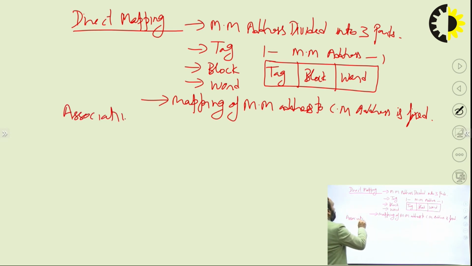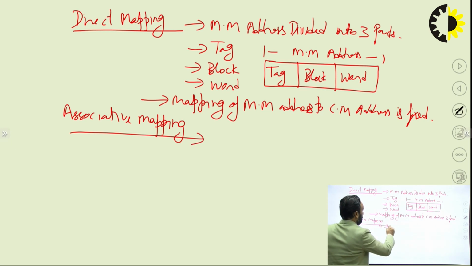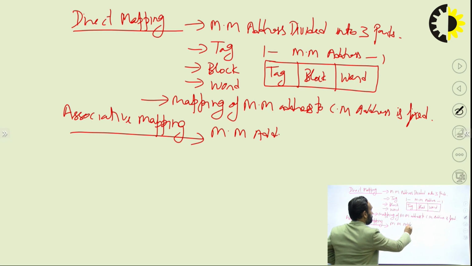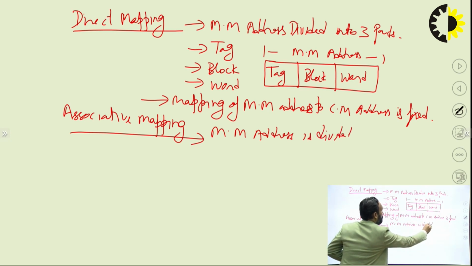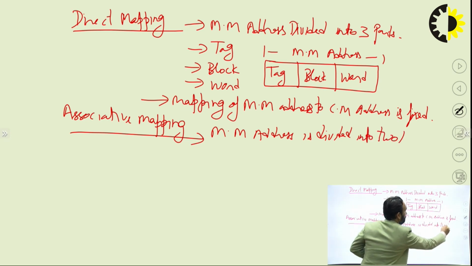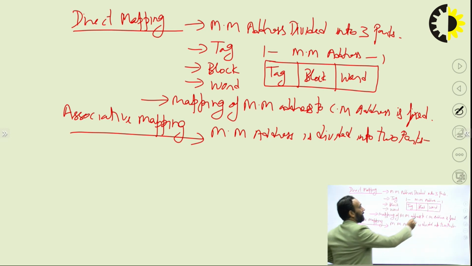What is associative mapping? In associative mapping, the main memory address is divided into two parts. It's a basic difference between associative and direct mapping.